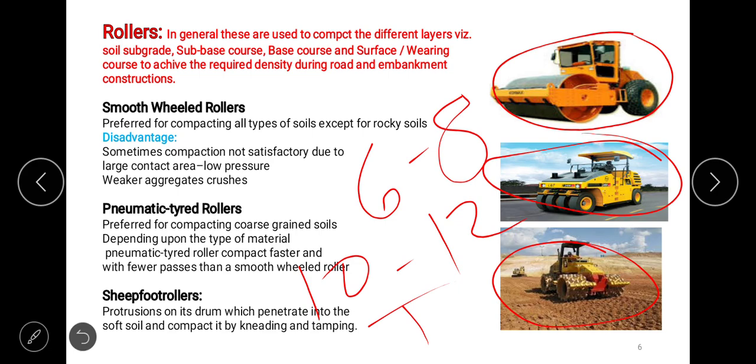So smooth wheeled rollers, pneumatic tired rollers, sheep foot rollers, especially in case of unstable soil such as clay soil, sheep foot rollers are used.